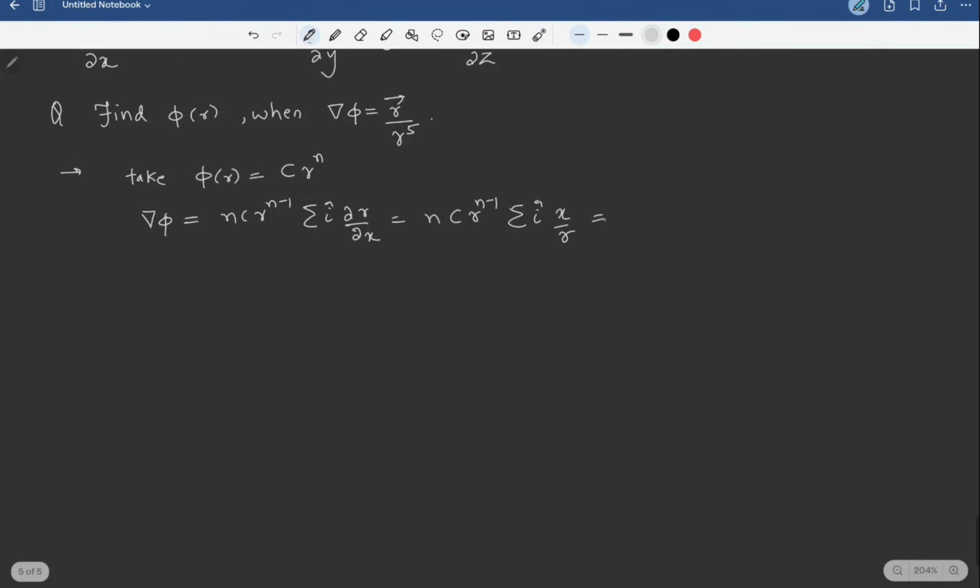We get n c r raised to n minus 2 into r vector. So del psi is this much.